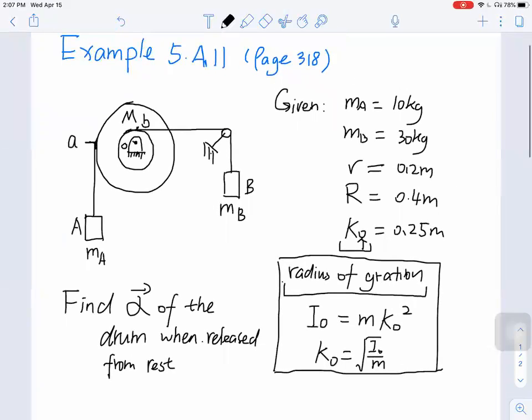And this release from rest is a keyword. Whenever you see that, it means that right at that moment when you release everything, the system has zero velocity or zero speed.